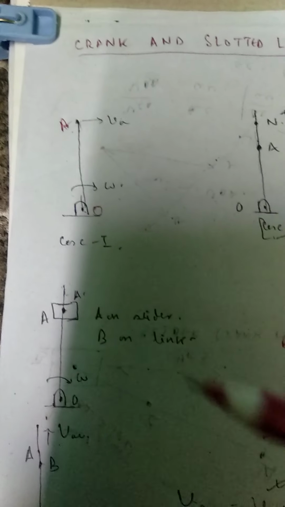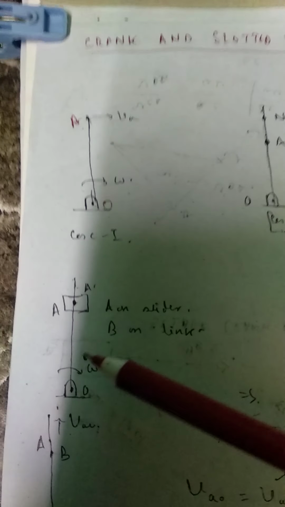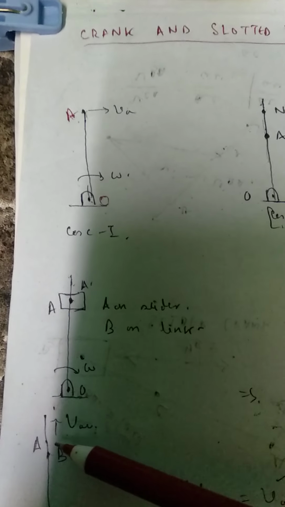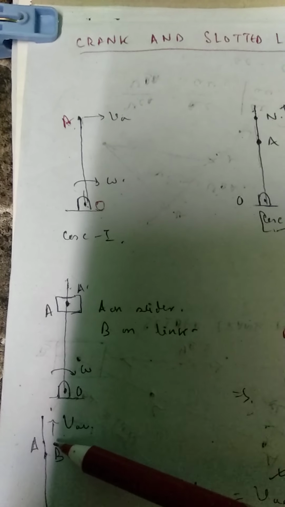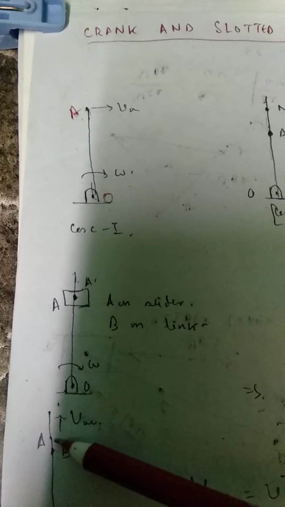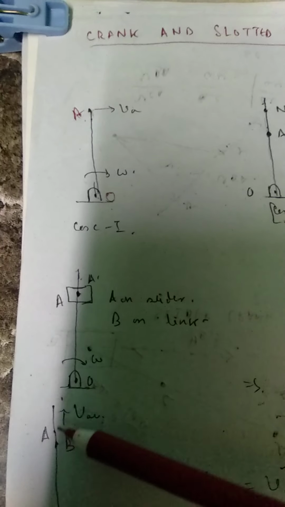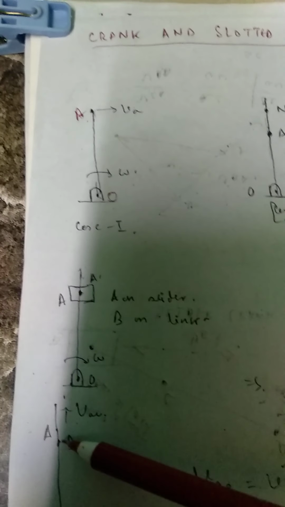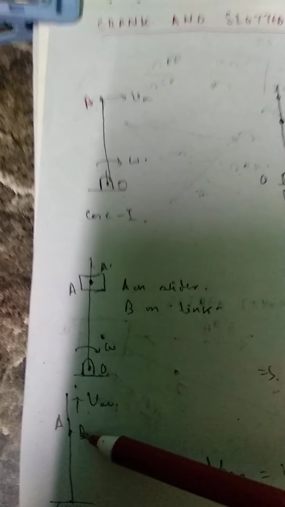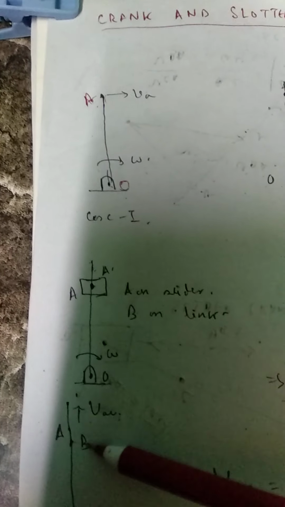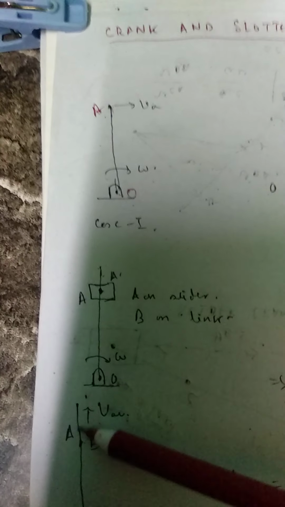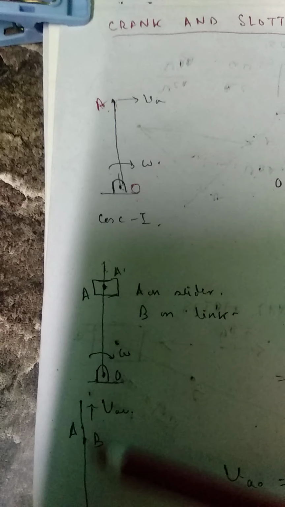In the second case we will consider point A on the slider, which is moving along this link, and point B, which is a fixed point on the link. This slider is now able to move along the direction of the link, along this direction.